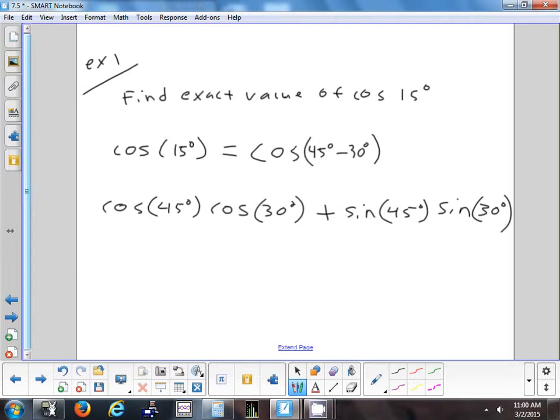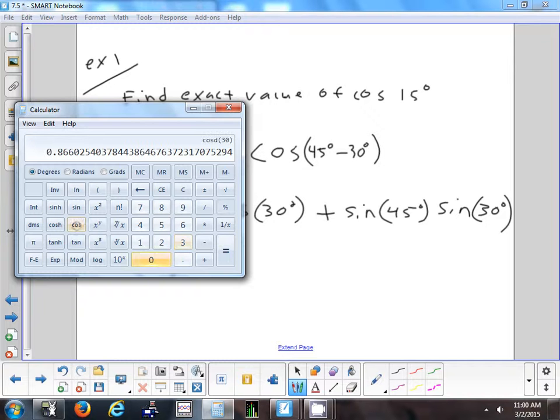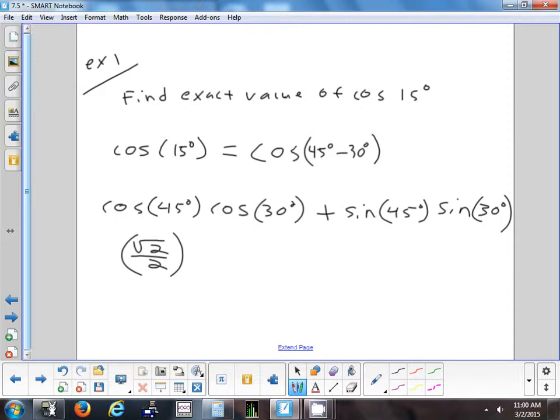Joe? Square root 2 over 2. Yeah, square root 2 over 2. Let's check cosine 30. That's 0.866. Anybody recognize what 0.866 should be? Let's get another square root. How about Darren? Square root of 3 over 2. Good.